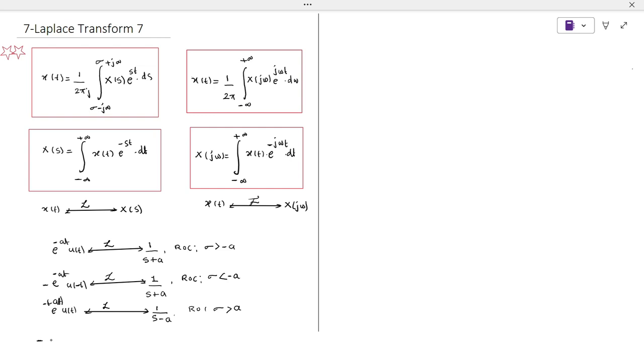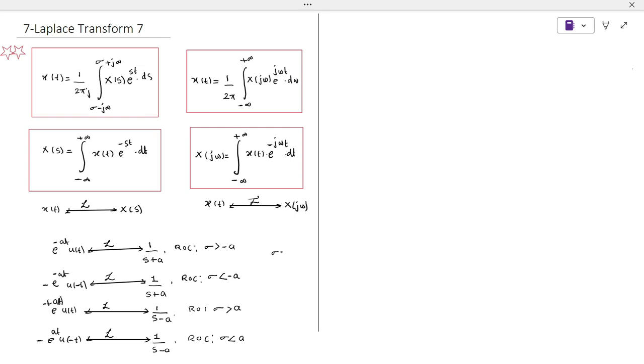The last one, minus of e power at into u of minus t, left sided. For this case, it also has the same Laplace transform, 1 by s minus a, but the region of convergence is sigma less than a.